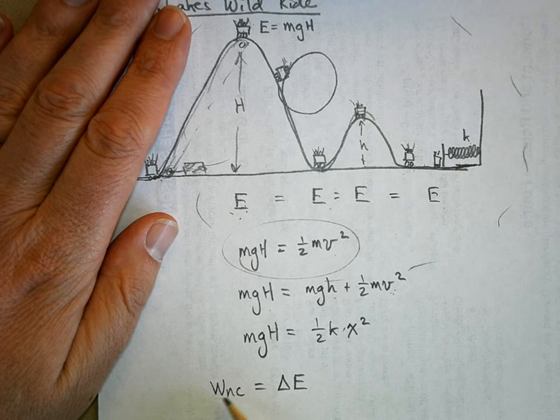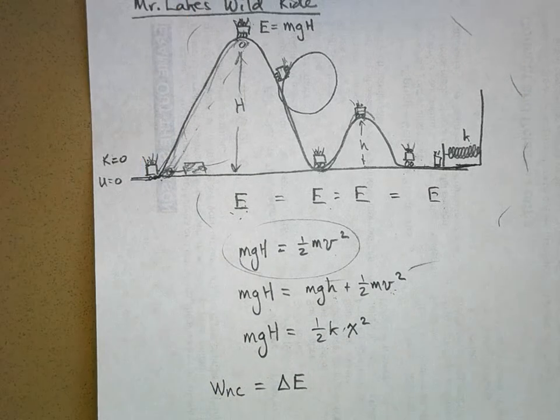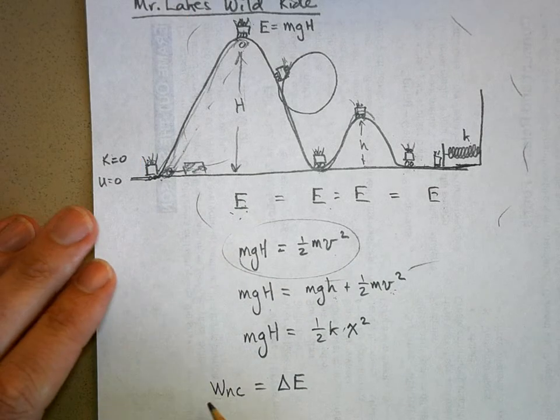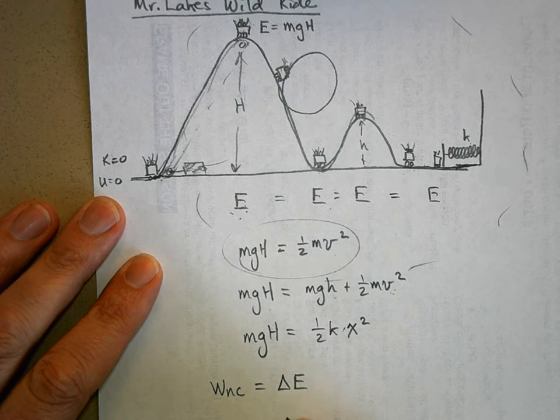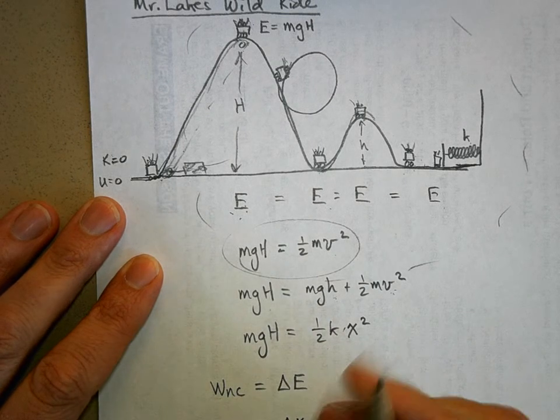So the work done by a non-conservative force, what is it going to be if there are no non-conservative forces? This is zero. So if all your forces are conservative, the work done by the non-conservative forces, which don't exist, is equal to zero. So 0 equals delta E.